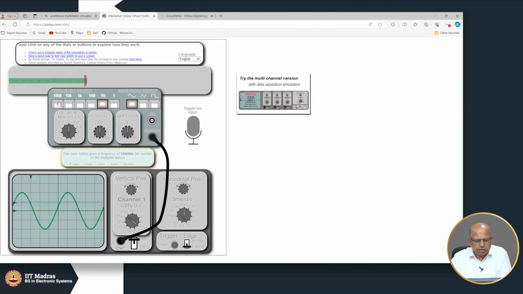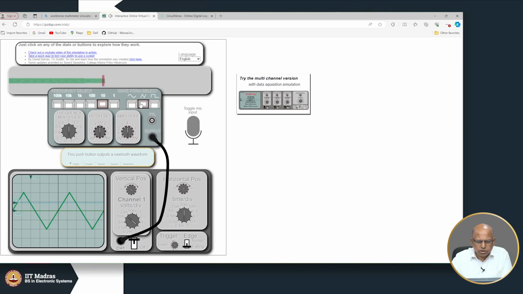The signal generator can generate 3 different kinds of waveforms. So, you can either generate sinusoidal waveforms or triangular waveforms or rectangular waveforms. So, right now it is set to sinusoidal.